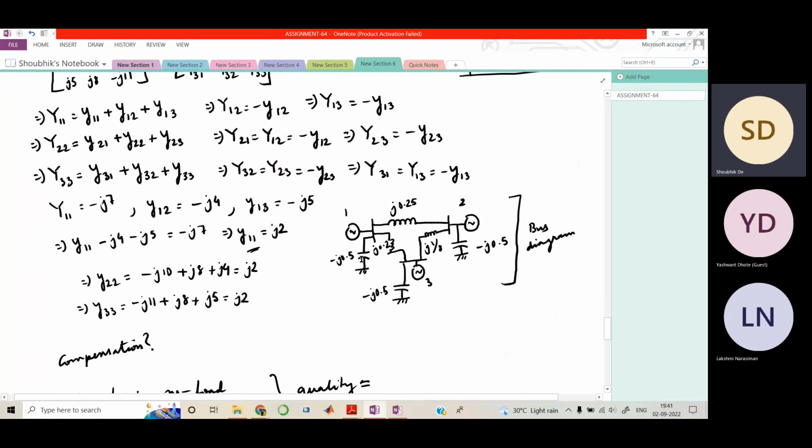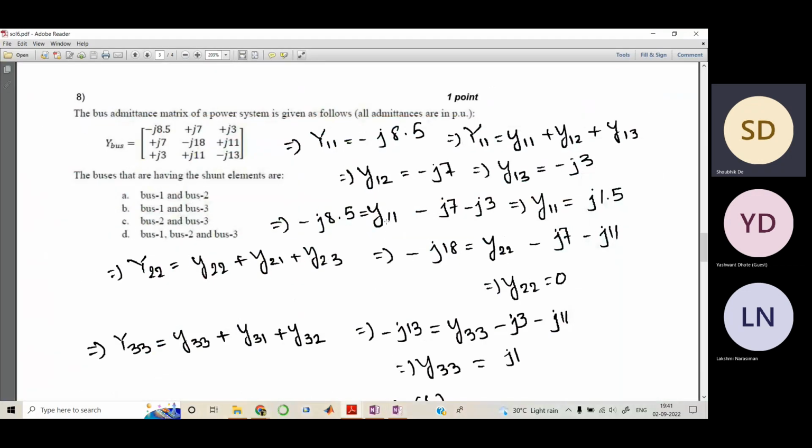Shunt elements may be capacitance as well as impedance. So in case of shunt elements, your small y11 or small y22 or small y33 won't be zero. It would have some value, be it positive or be it negative.